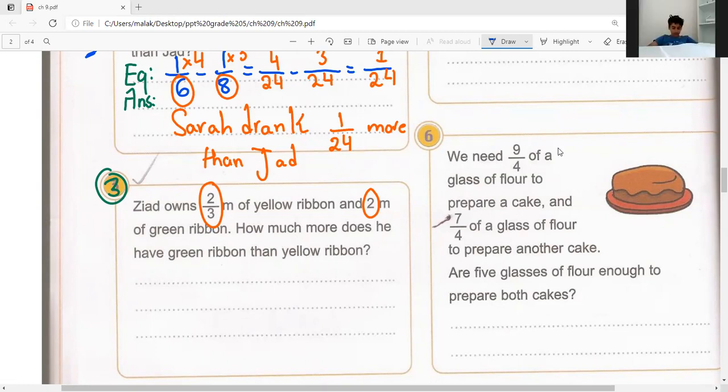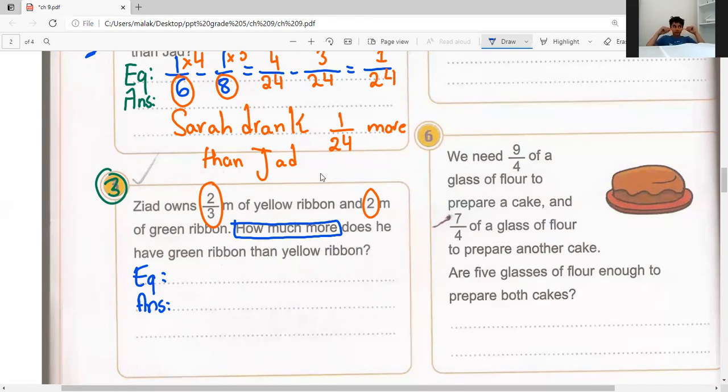So, what shall I do, Ali Ail, to know how much more is bigger? The green ribbon is more than yellow ribbon. Yes, Ali, what shall I do? If I'm asking you one is more than the second, by how much it's more? So how will we find how much more? When we see this word, what shall I do?